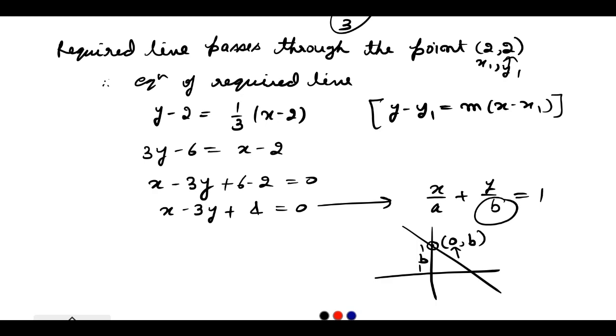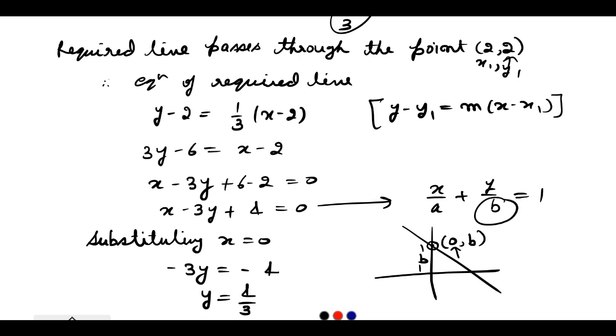So you can find y-intercept by both the methods. First, we are substituting x equal to 0. Then y is equal to 4/3. This is the value of y-intercept.